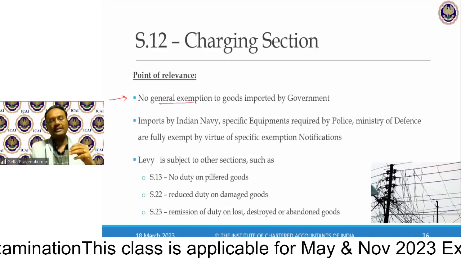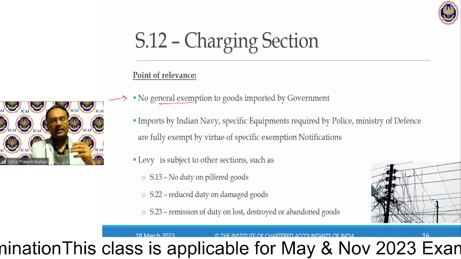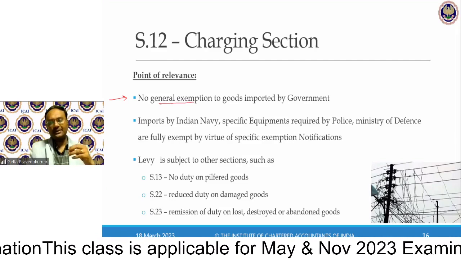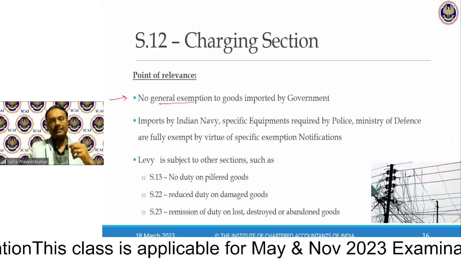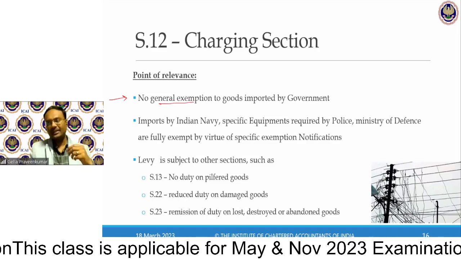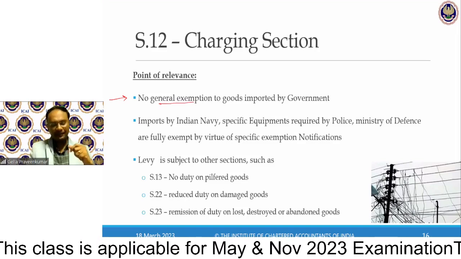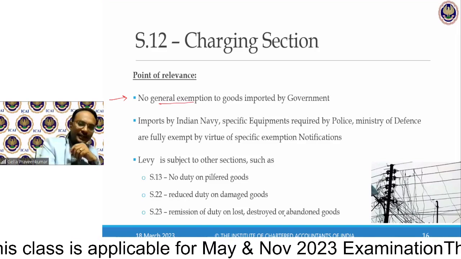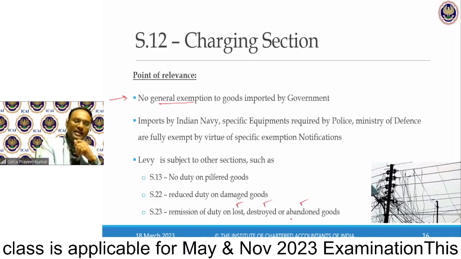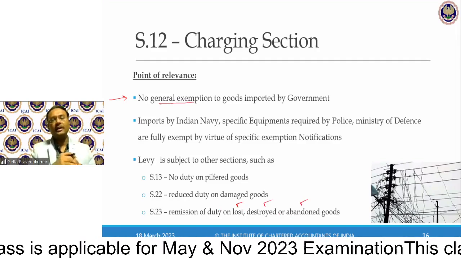Section 22 hyphen abatement for damaged goods. Next bullet point. Section 23 remission hyphen lost, destroyed or abandoned.